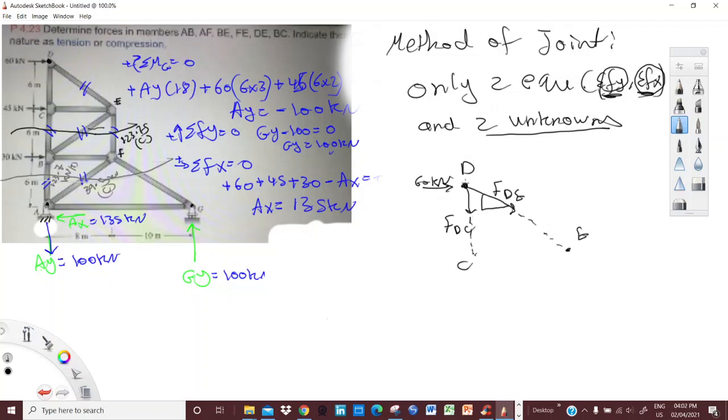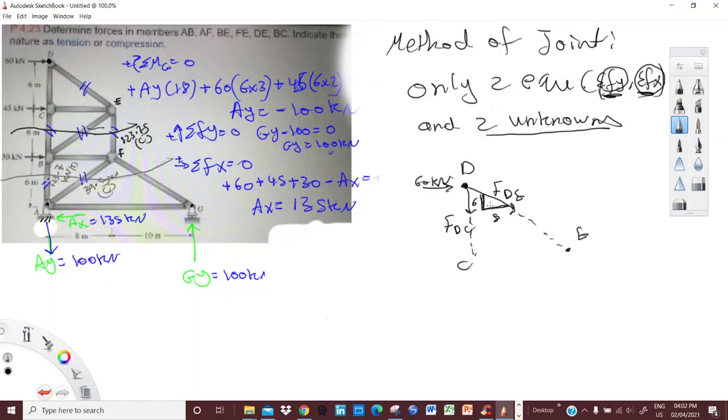So let's resolve the force right now. I'm using a triangle instead of finding theta. The horizontal length of DE, from the tip of D to joint E, will be 8 meter, and from joint E to D it's going to be 6 meter.